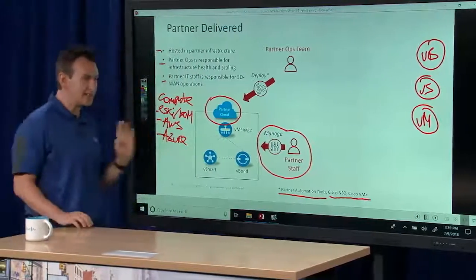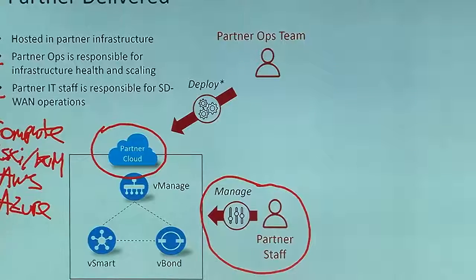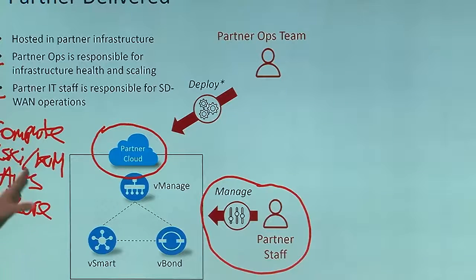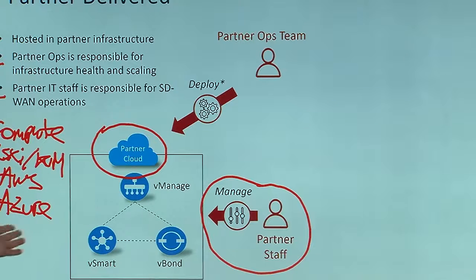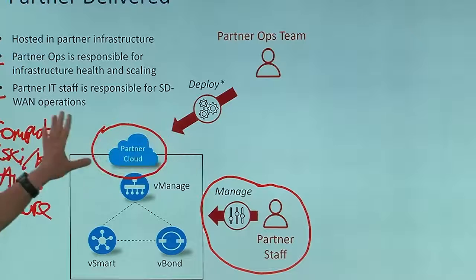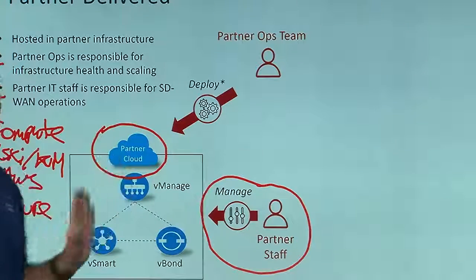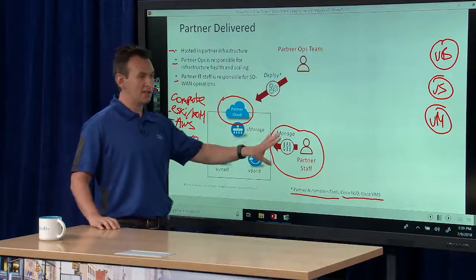This is most likely the scenario. It doesn't mean that the customer is locked out. That means the primary responsibility is most likely on the partner. Why? I think it just makes sense. If a partner is deploying the control infrastructure, it only makes sense for the partner staff to manage it. And again, it doesn't mean that the customer is locked out and has no access.